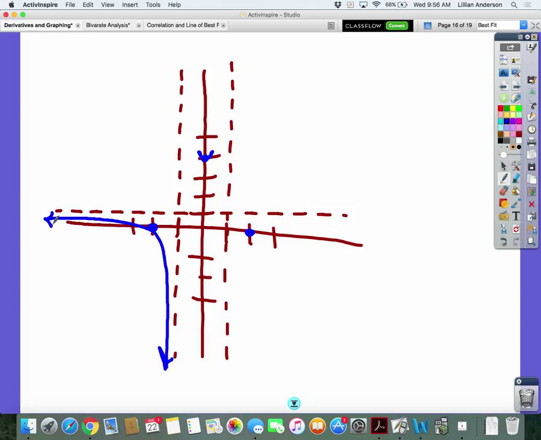We were decreasing from -1 to 0 and then increasing from 0 to 1, and we were also concave up from -1 to 1. Lastly, we were increasing from 1 to infinity, and concave down from 1 to infinity. So increasing, still concave down, and there's the graph of your rational function.